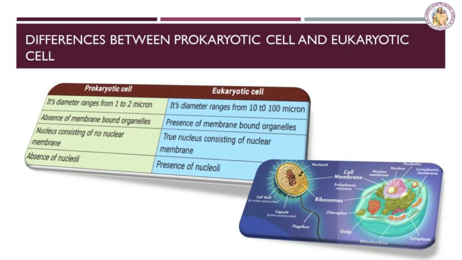In prokaryotic cell, nucleus consists of no nuclear membrane. But in eukaryotic cell, there is true nucleus consisting of nuclear membrane. In prokaryotic cell, there is absence of nucleoli, but in eukaryotic cell, there is presence of nucleoli.